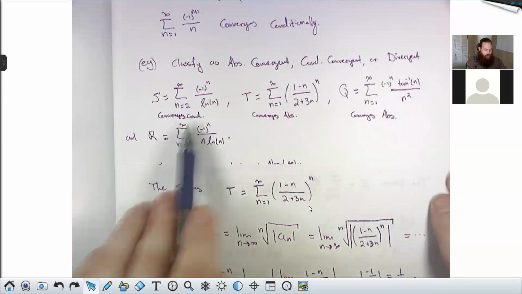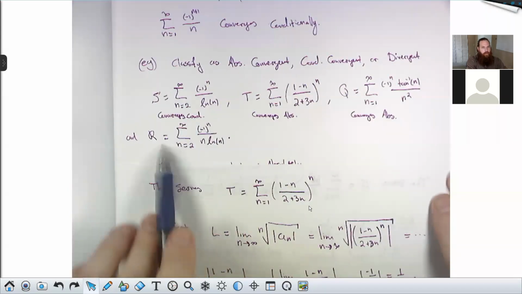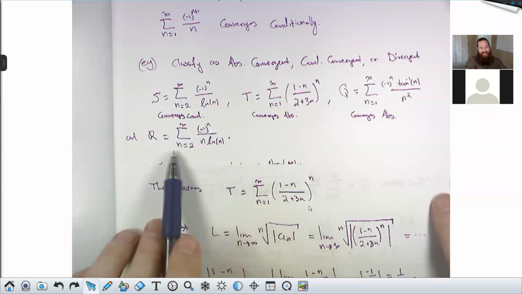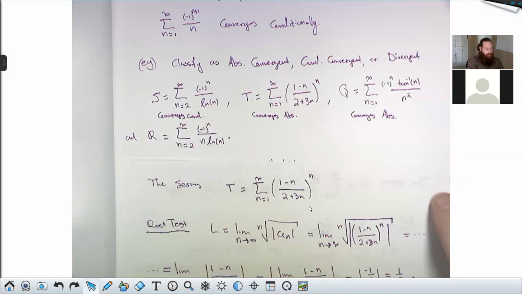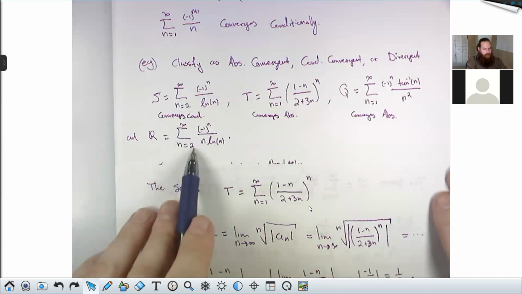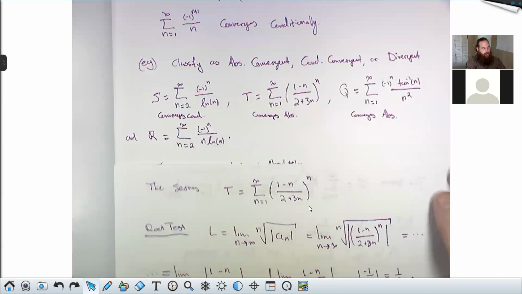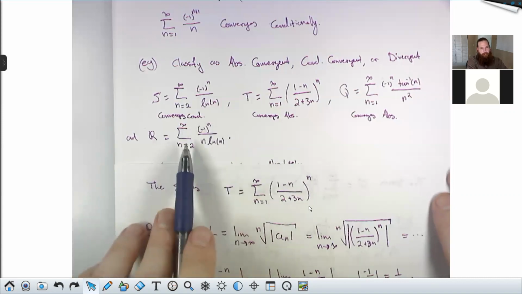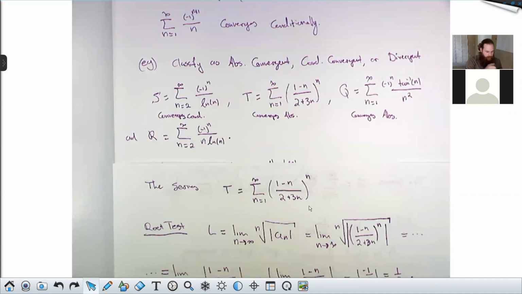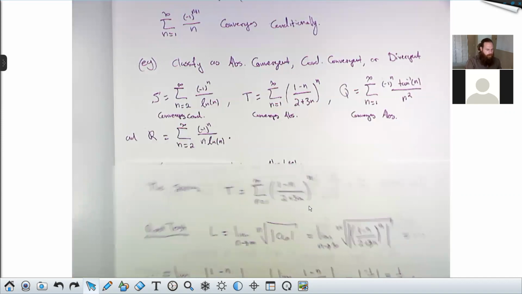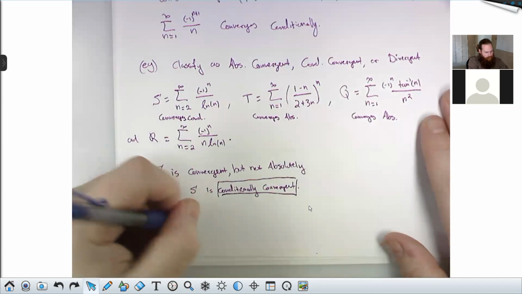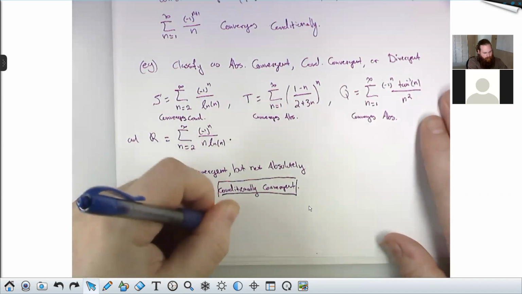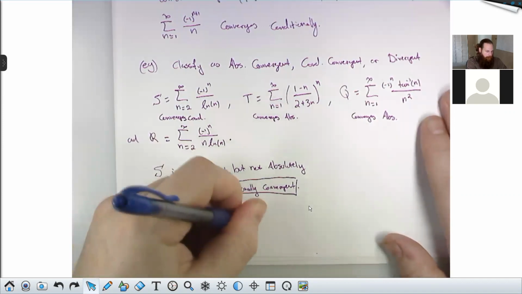To get absolute convergence here will require a little bit more, but I don't remember. That makes it more fun to leave it to you guys. Okay, so this converges by AST, but I'll leave the absolute convergence question up to you. That's going to be an integral test. I'm pretty sure you need the integral test there, although you might try a limit comparison for the absolute convergence. So R converges by AST.